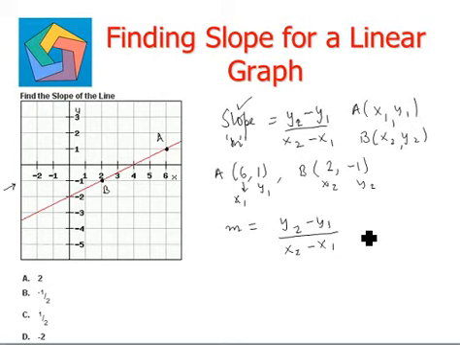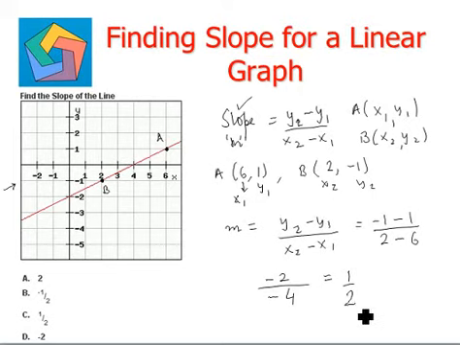So y2 is -1, y1 is +1, divided by x2 is 2, x1 is 6. So -1 minus 1 is -2, divided by 2 minus 6 which is -4. So -2 divided by -4 is nothing but 1/2. Therefore the slope of the line is 1/2.